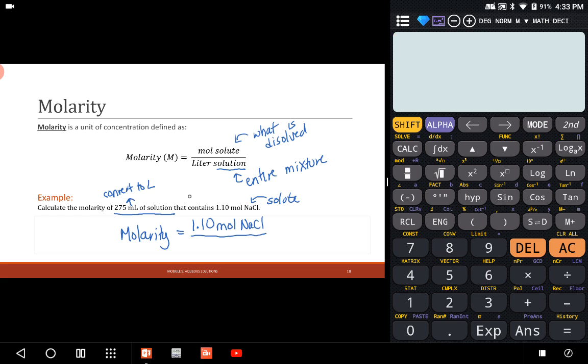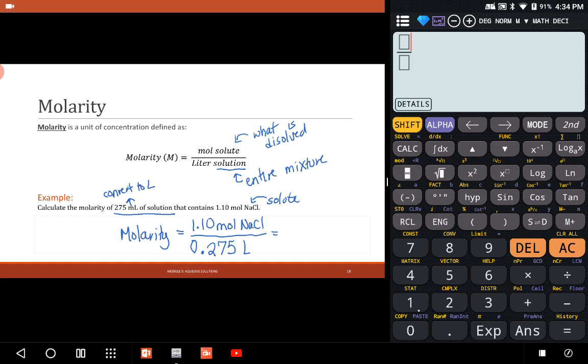And so to convert to liters, I have to divide by 1,000. And so 275 milliliters is 0.275 liters. There are 1,000 milliliters in a liter.